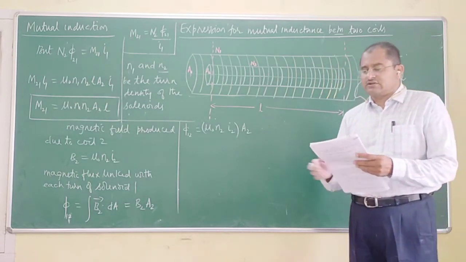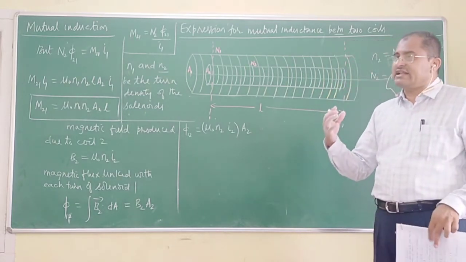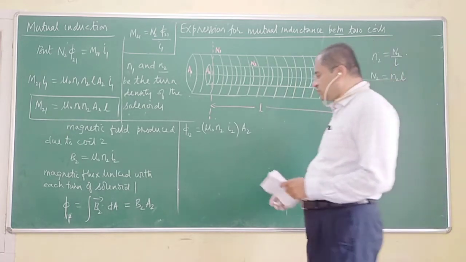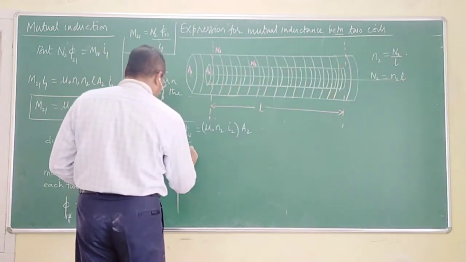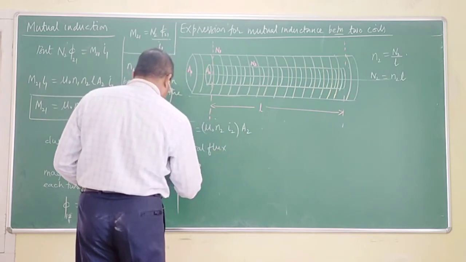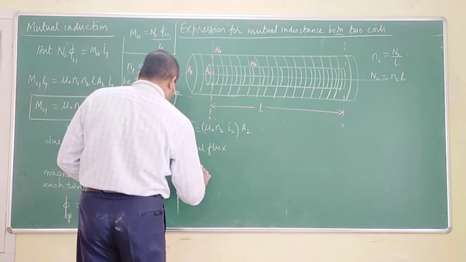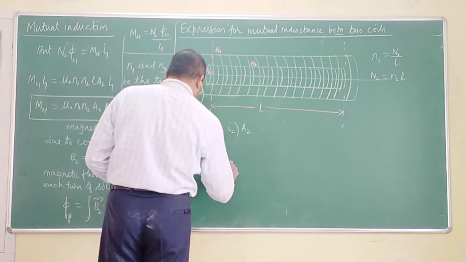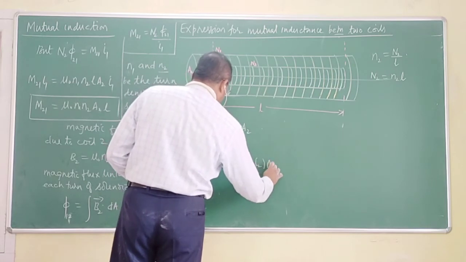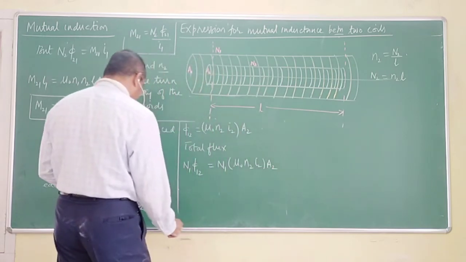Outside it is almost zero, and therefore the effective area in which the flux will pass is only A2. Therefore, total flux will be N1 phi 12, which is N1 mu naught n2 I2 A2.